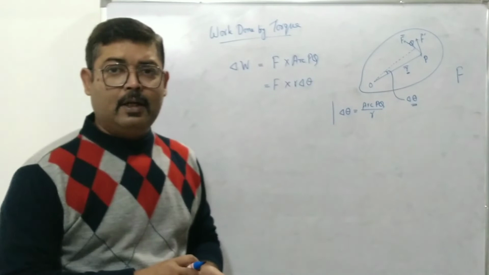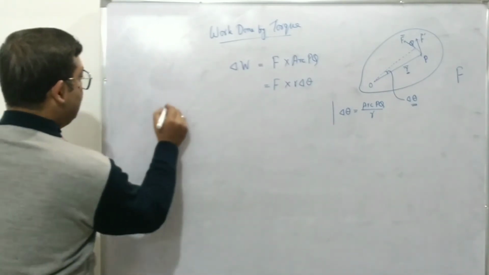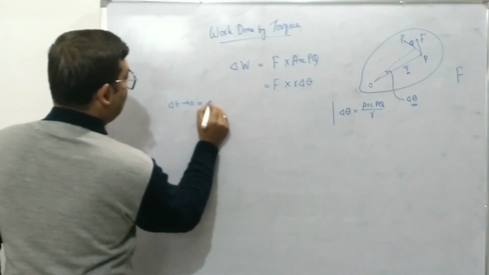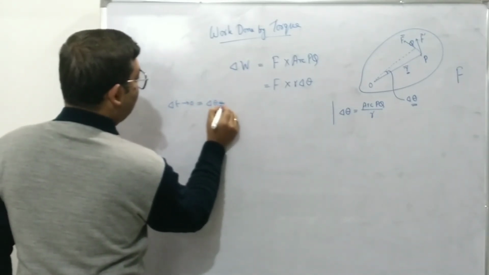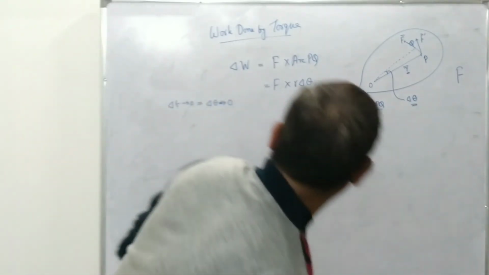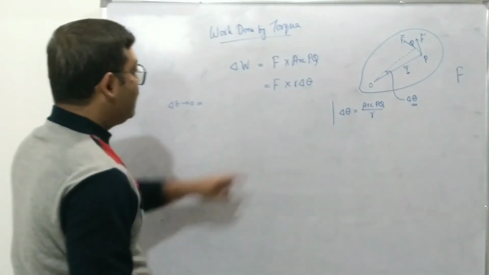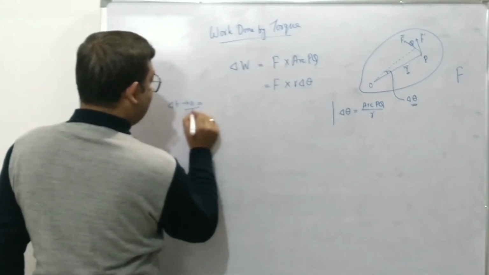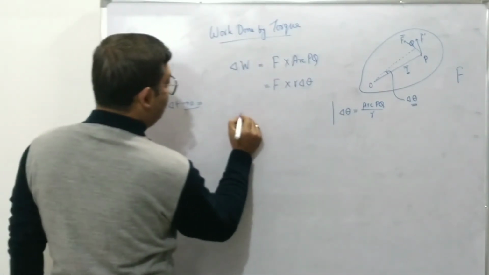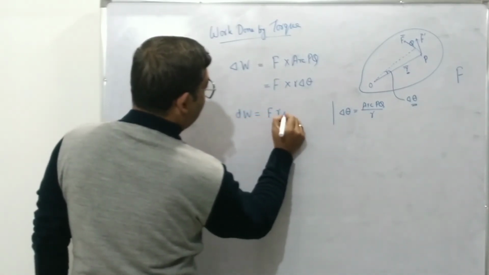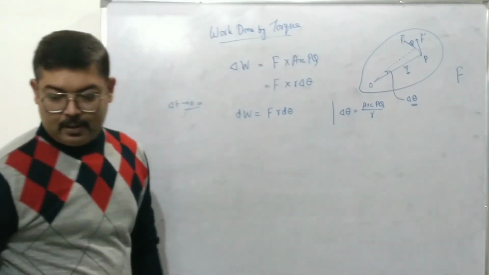Now if we consider the time to be very, very small, delta t tends to 0 implies delta theta will also tend to 0. So in the limit delta t tending to 0, these delta terms can be written as d. So we can say in the limit delta t tends to 0, dW equals F R d theta.